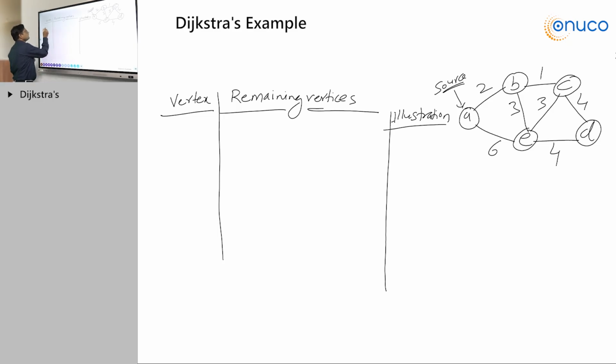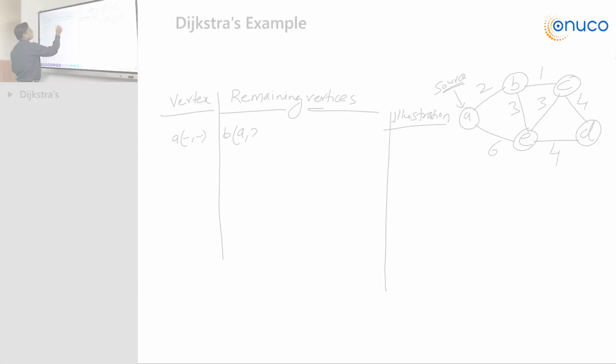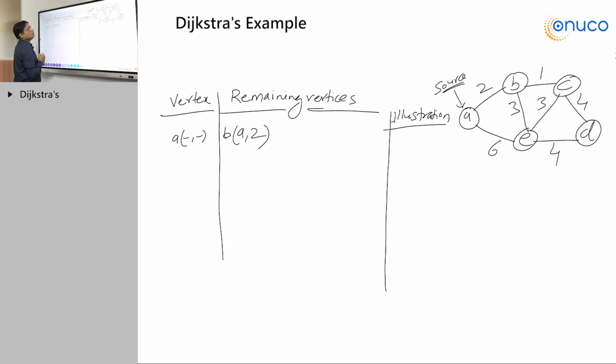If A is the source vertex, first we are going to write A. Now from A, what is the distance to the other vertices? A to B distance is 2, so we write B, A comma 2.